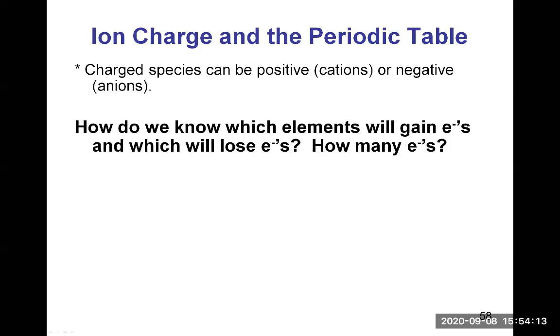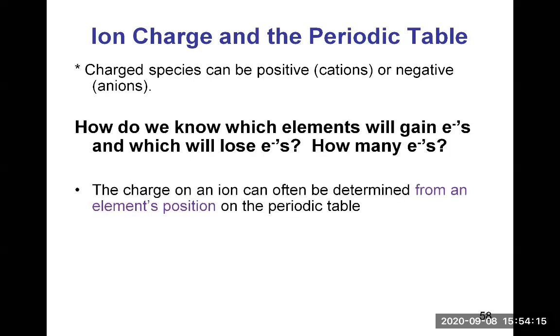Elements will form the same type of ions if they come from the same group. So the charge on an ion can often be determined from an element's position on the periodic table. From the position on the periodic table, for the main group elements only, you can tell what kind of ion they become.